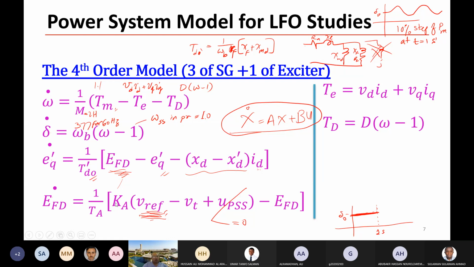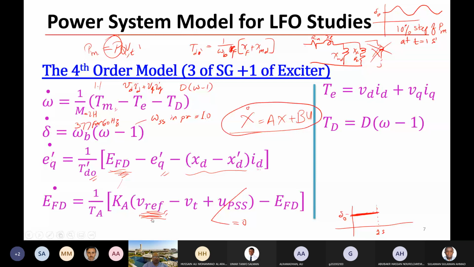In order to simulate this system, you need Tm, you need EFD, you need EQ, ID, IQ, all these quantities we found, except the Tm, which is equal to TE at steady state. Okay, so in the initial condition, you are given the real power, and the VT and Q, VQ and VT. So this is the initial value of Tm here.